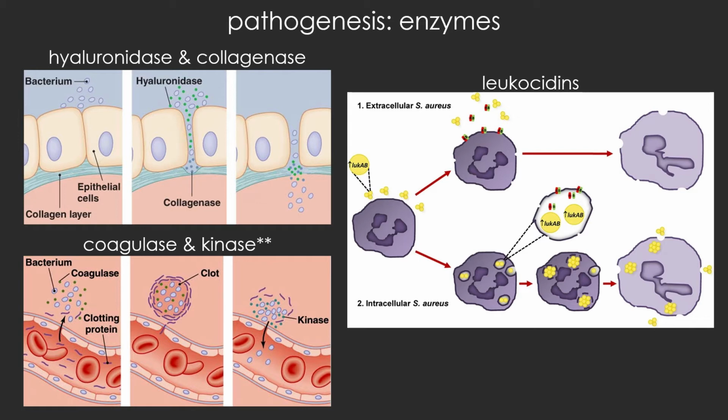We are going to talk about 5, and you can see those 5 here: hyaluronidase, collagenase, coagulase, kinase, and leukocidins. Those of you who had taken anatomy and physiology might recognize parts of hyaluronidase and collagenase because you know that collagen and hyaluronic acid are connective components of the epithelium.